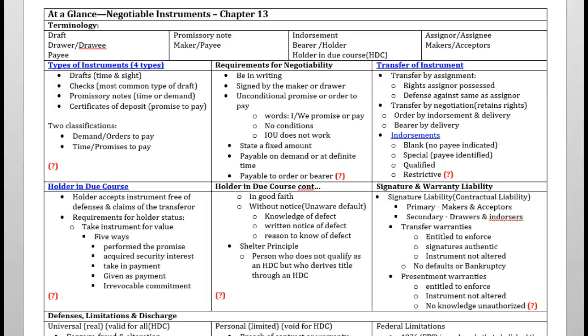When that happens, and if the right conditions are met, there are specific and special rights that the holder in due course has.